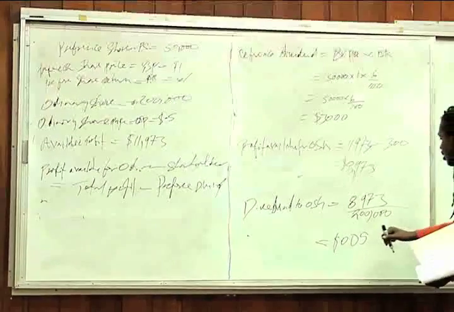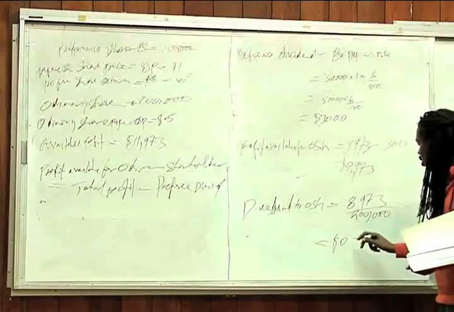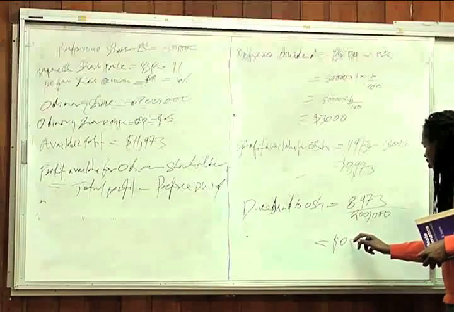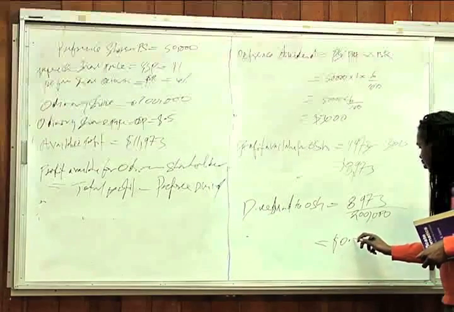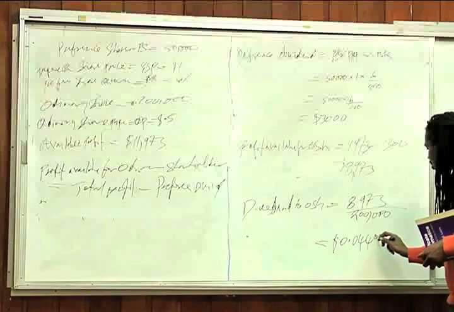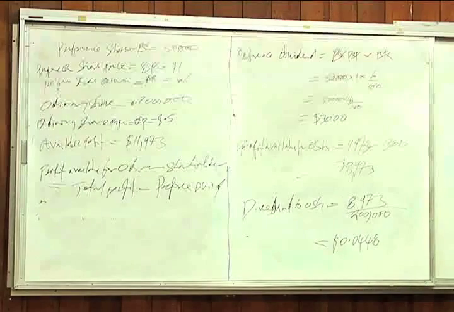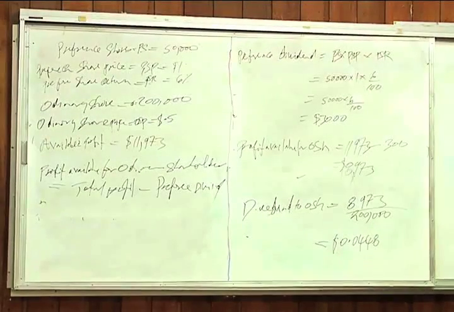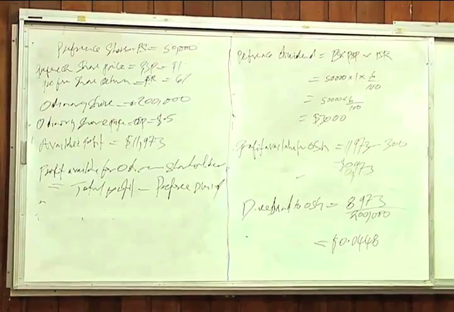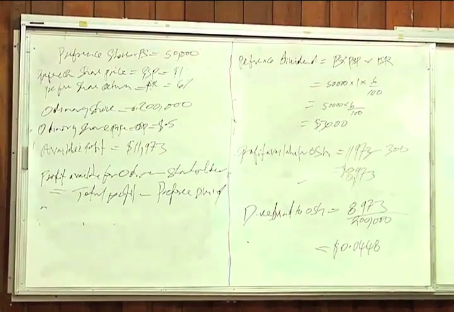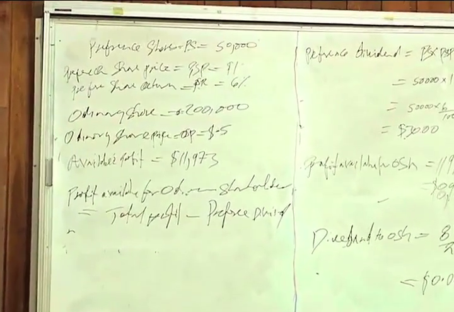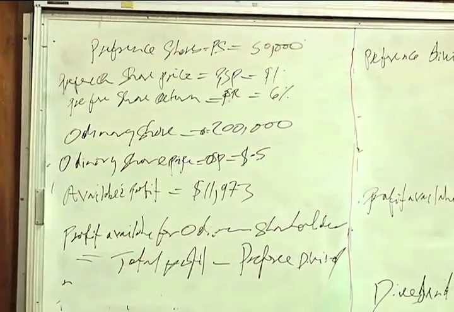This is dollars, so we are transferring into cents. When you transfer from dollar to cent, you have a bigger number. 44 cents is $0.44, and 50 cents is half a dollar, so it will be a bigger number.